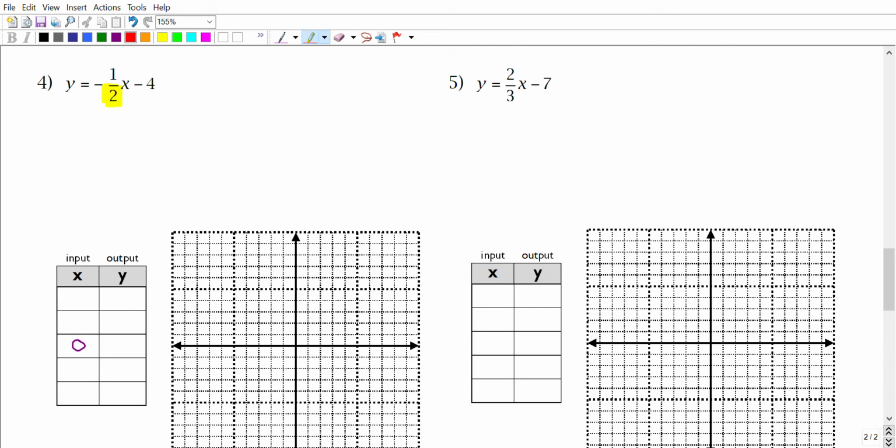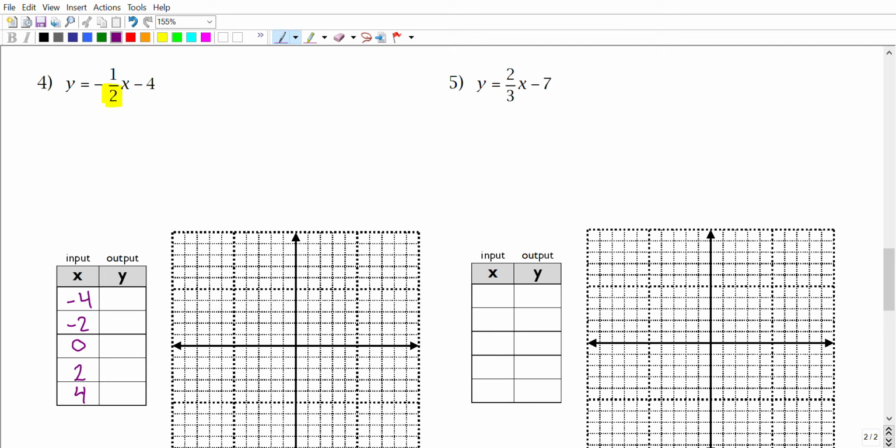Okay, now because we have a denominator of 2 right there, I think it's a good idea to actually go down and up by values of 2. So in this case, I'm going to go ahead and go down by 2, so -2 and -4, and also up by 2, so 2 and, whoops, 2 and a positive 4.